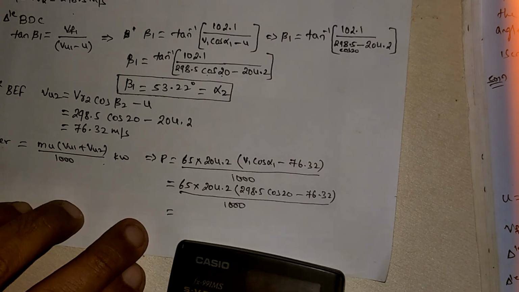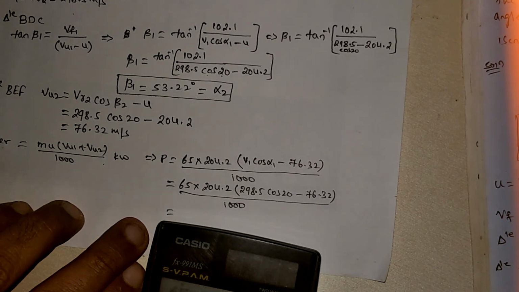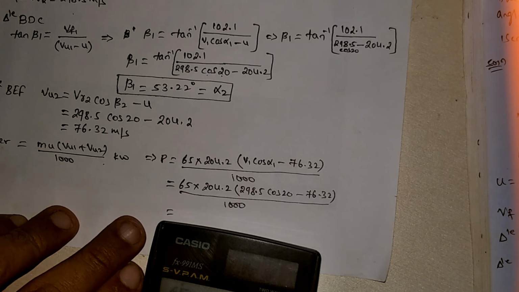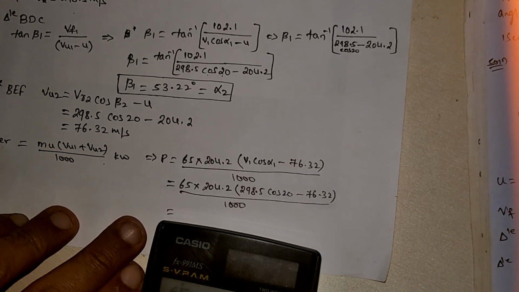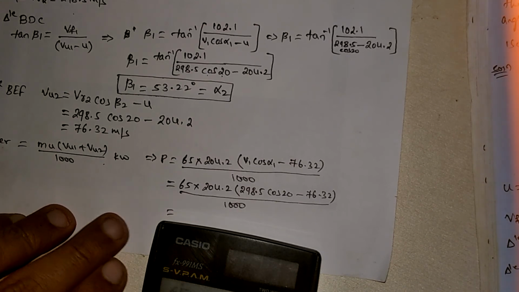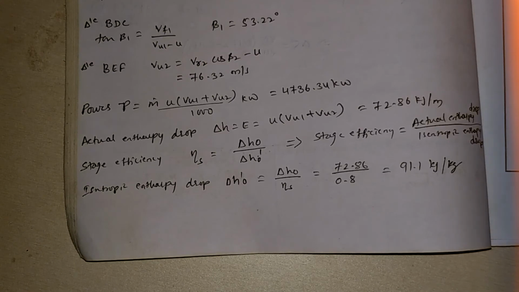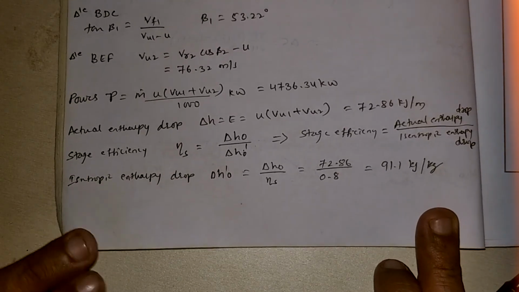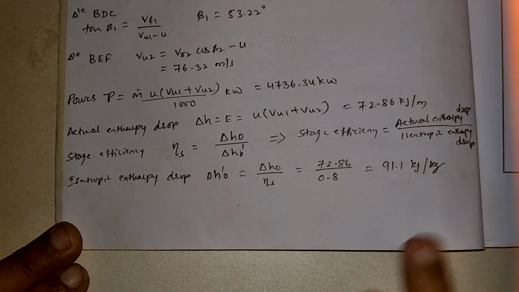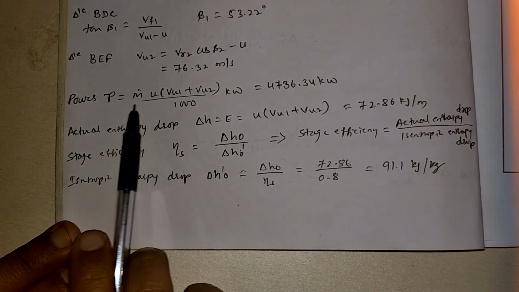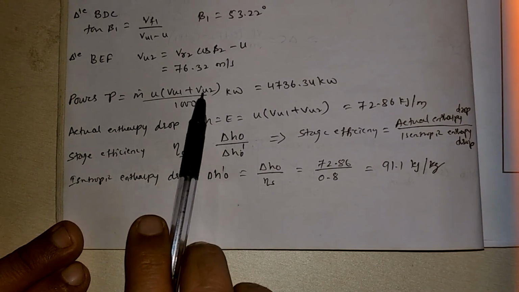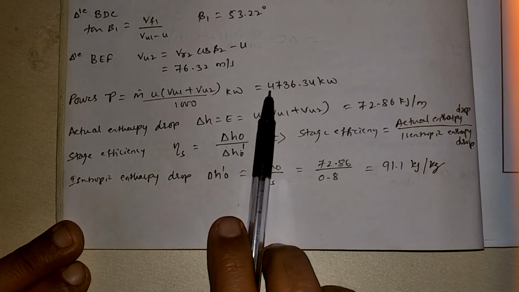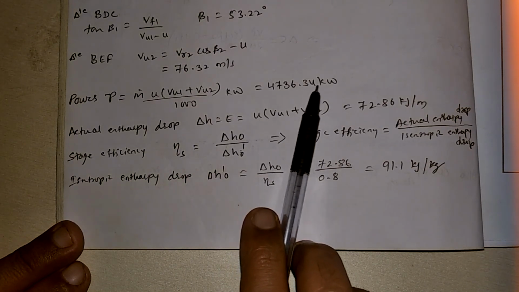So we'll get power is equal to, as you can see here, I have calculated all the values. So we have calculated the power is equal to M into U into VU1 plus VU2 divided by 1000. So we will get 4736.34 kilowatt.